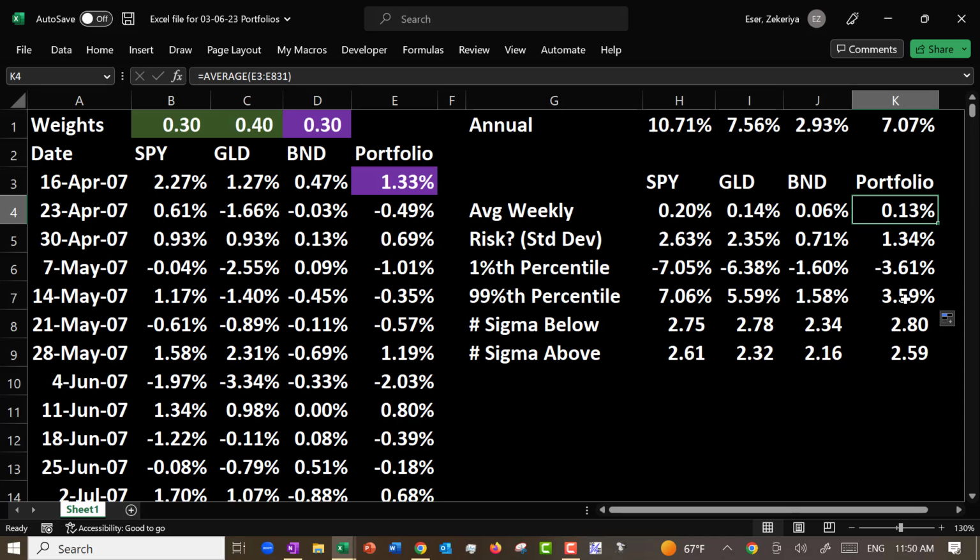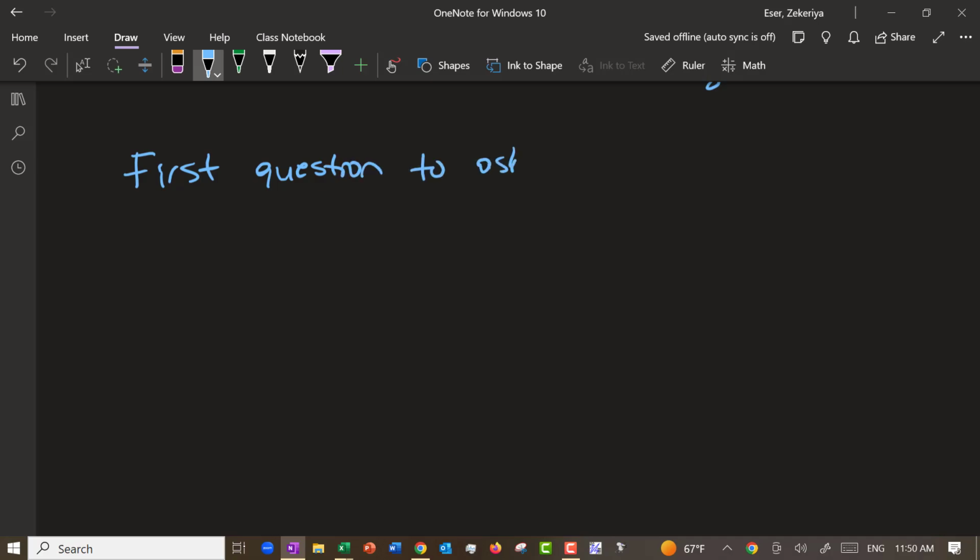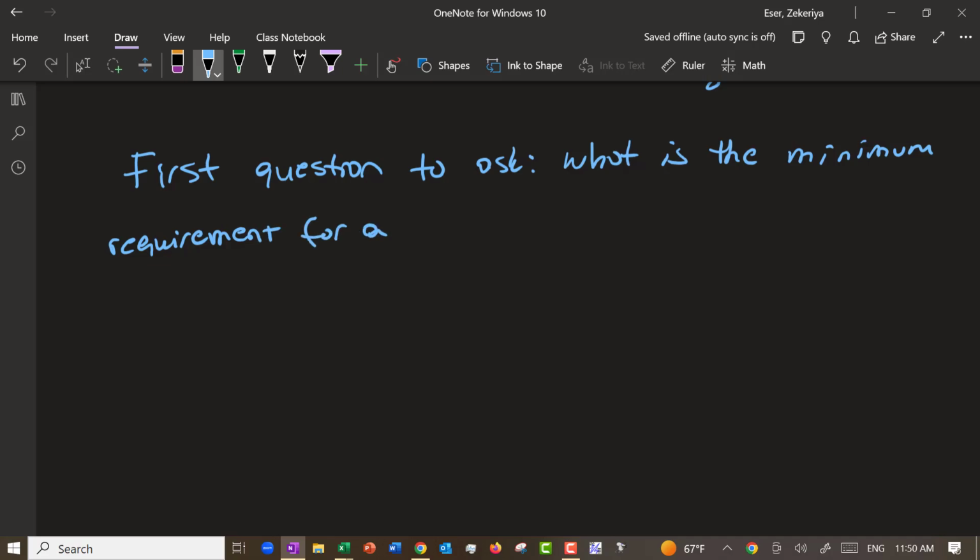First question to ask: what is the minimum requirement for a portfolio to be held? For that, we're going to define the concept of an inefficient portfolio.